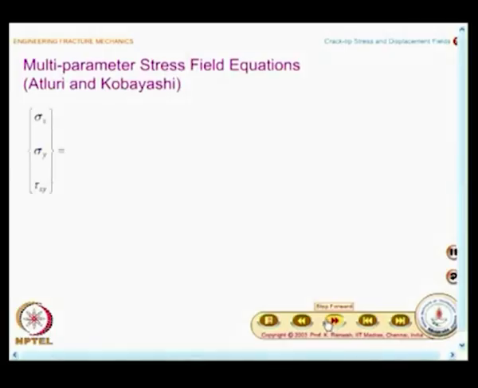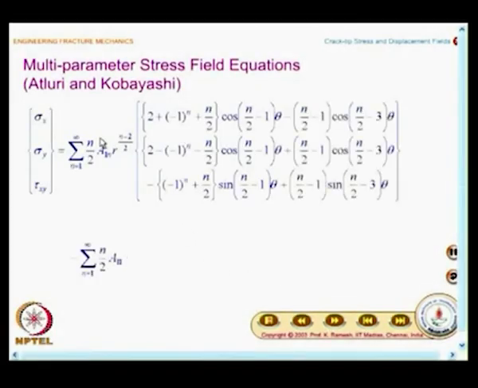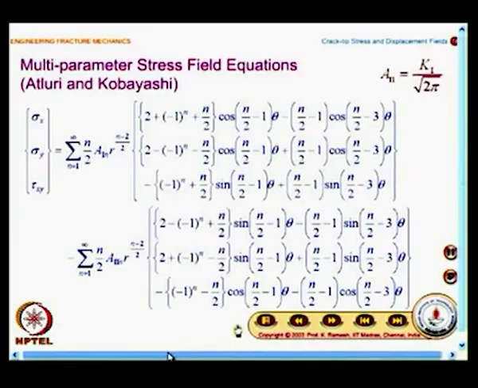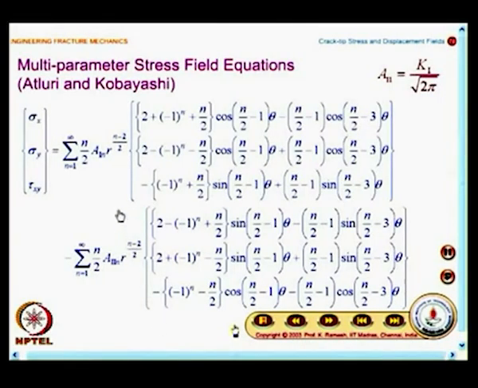Now we will go and see the solution given by Atluri and Kobayashi, and they are the most elegant form of stress field expression, and you have to write this down very carefully. I have sigma x, sigma y, tau xy. So these expressions give only Cartesian stress components, and this is given as summation of 2 series.